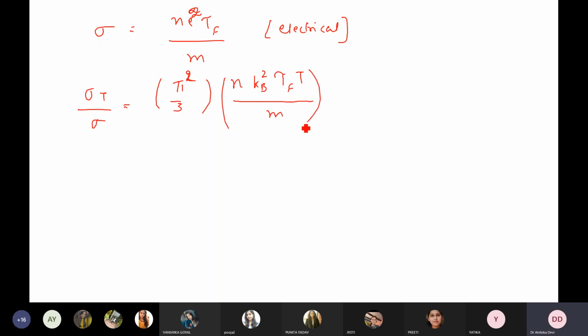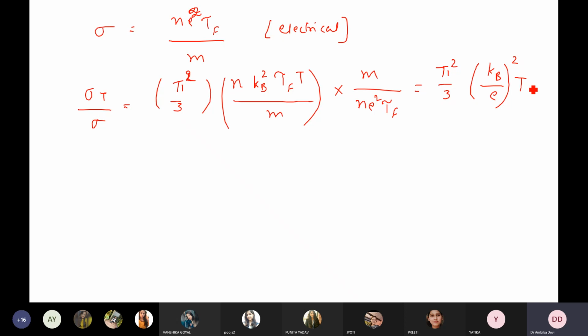This is sigma t, and divided by sigma, sigma will come up as m divided by n e square tau f. Okay. So if you simplify this, you will get pi square by 3 into kb upon electronic charge e whole square multiplied by T, temperature. Okay. So this is the ratio of the thermal conductivity to electrical conductivity.